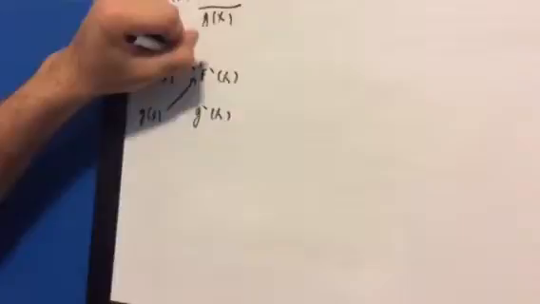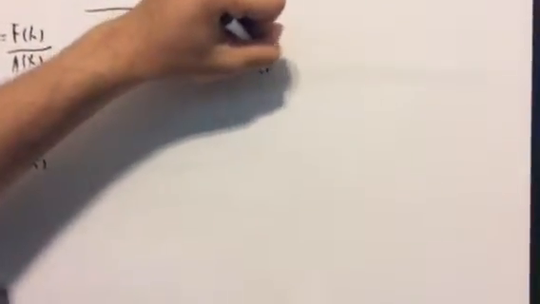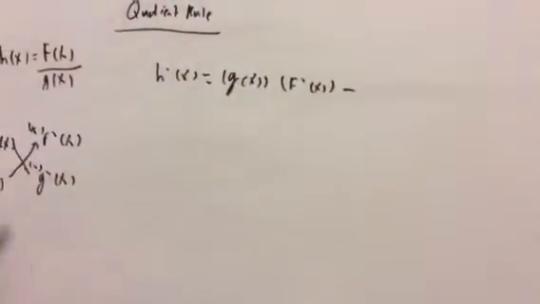And since it's going up, you say it's a positive, it's going down, you can say it's a negative. So now we're going to write what the derivative of h of x is. The derivative of h of x is equal to the g of x multiplied by the f prime of x minus, you see how this is helpful now?